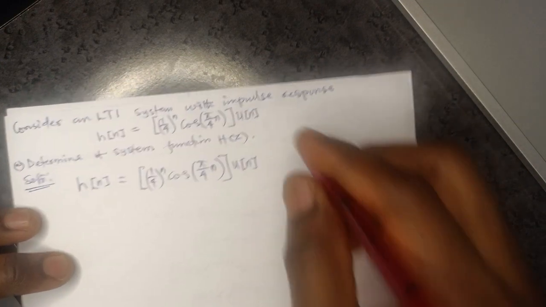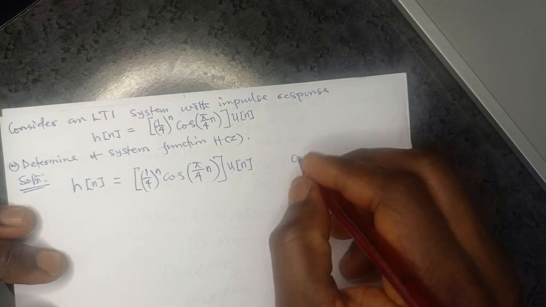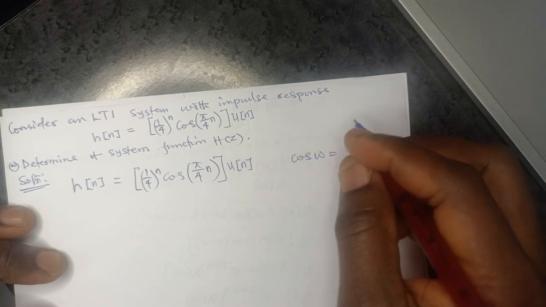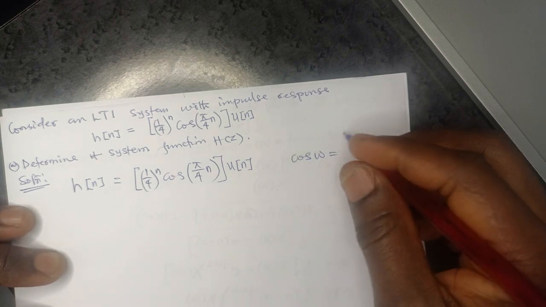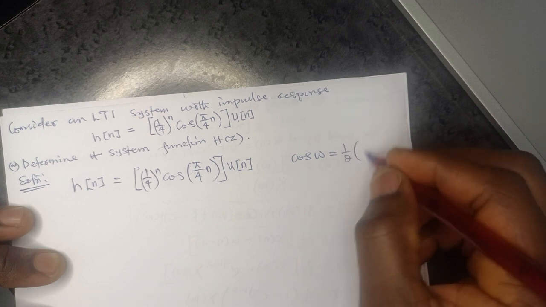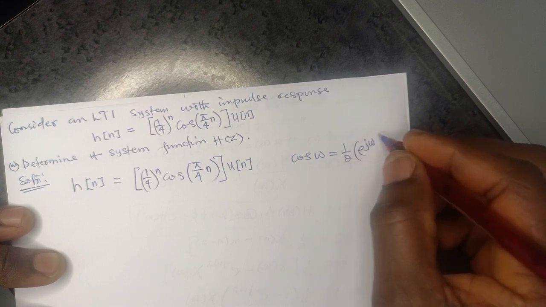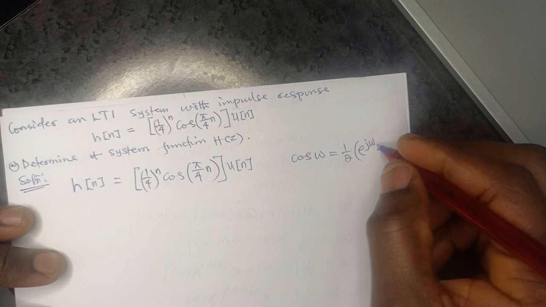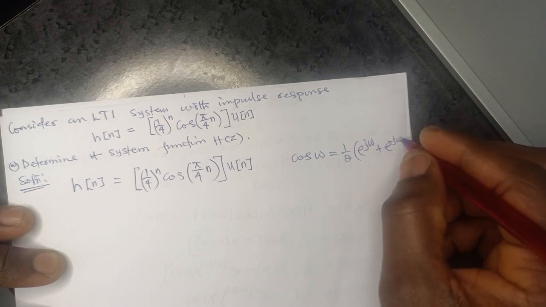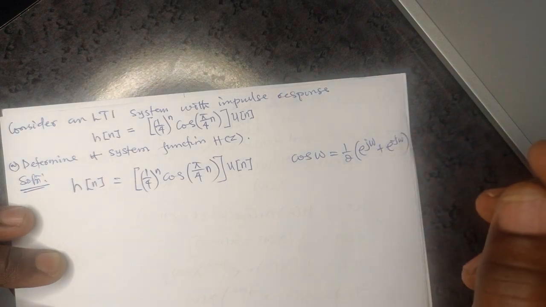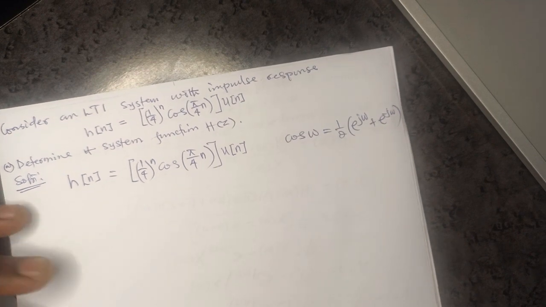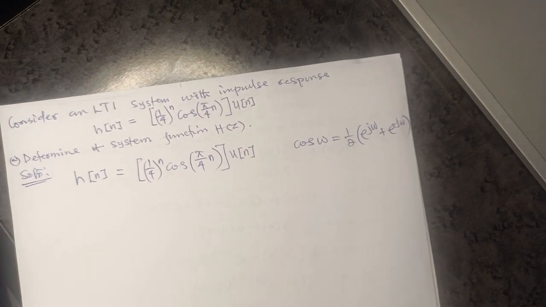And we know that cos ω is the same thing as half of e^(jω) plus e^(−jω). We know that, right? So if we know this, we can simply insert this into the system.